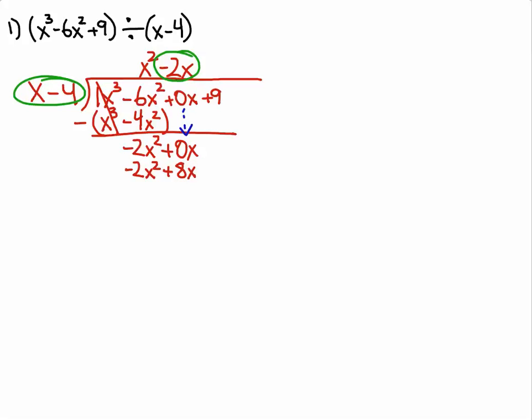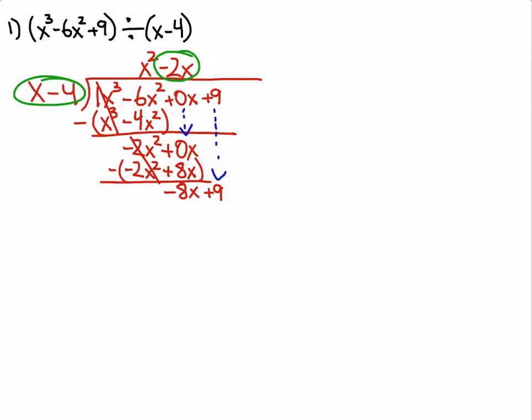Then, that whole thing is subtracted. Notice the negative 2x squareds go away. 0 minus 8, negative 8x plus 9. The 9 fell down from the sky as the constant term from before.